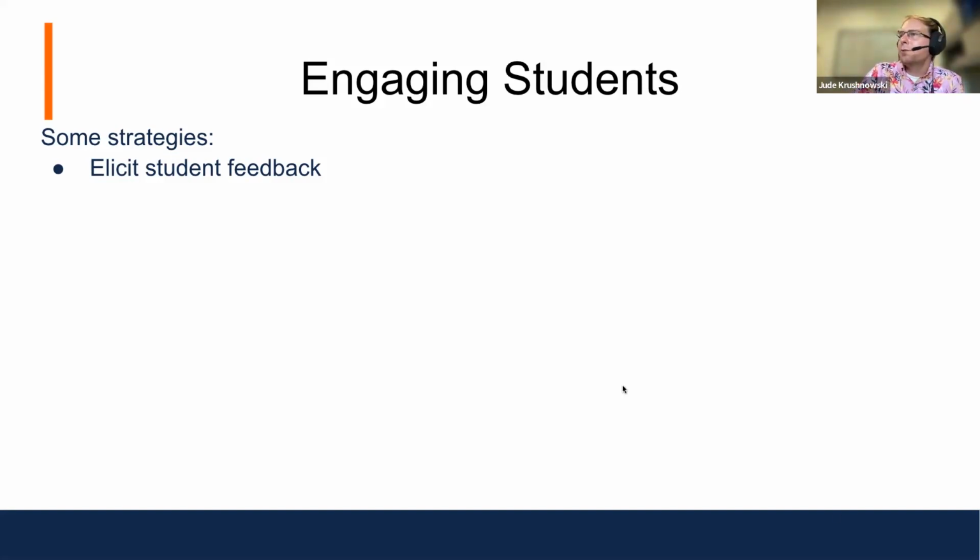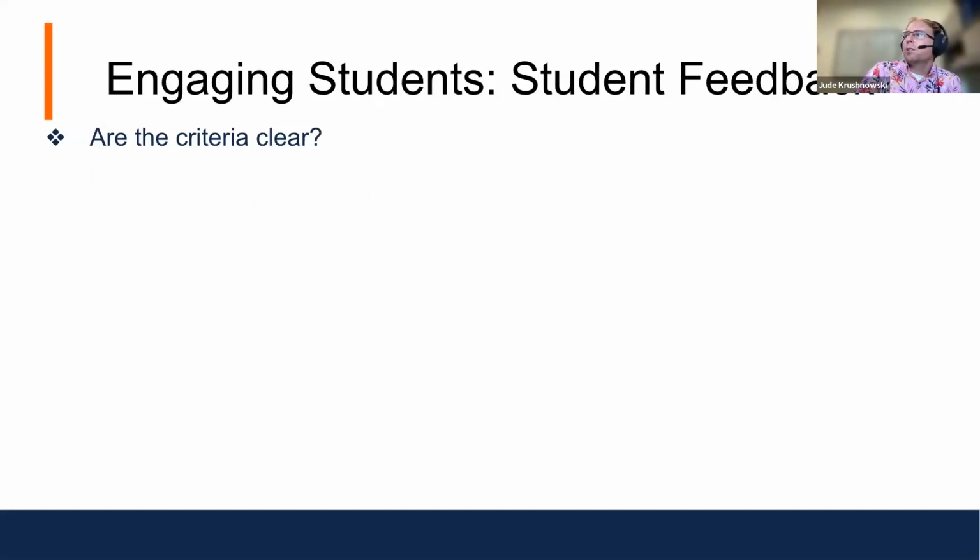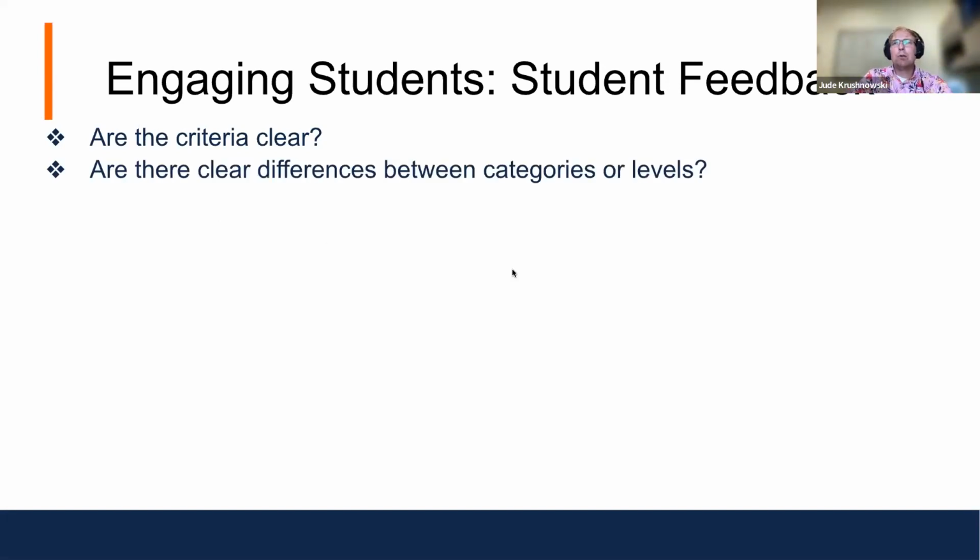So we can elicit student feedback. We can practice with work samples, and we can do self-assessment. So when we talk about student feedback, Gisela said, I show the rubric to my students. I think Aaron also said, I show them the rubric, right? So we can show them the rubric, and then we can ask them, are the criteria clear? Are there clear differences between the categories or levels?